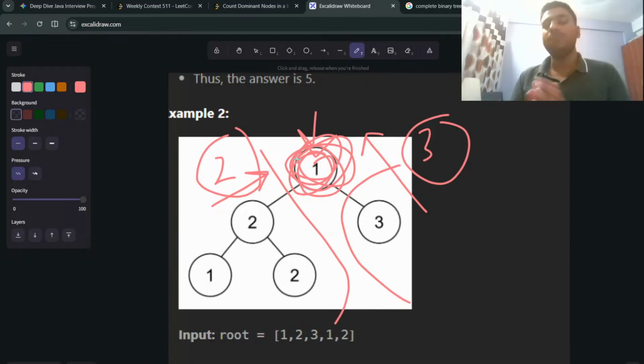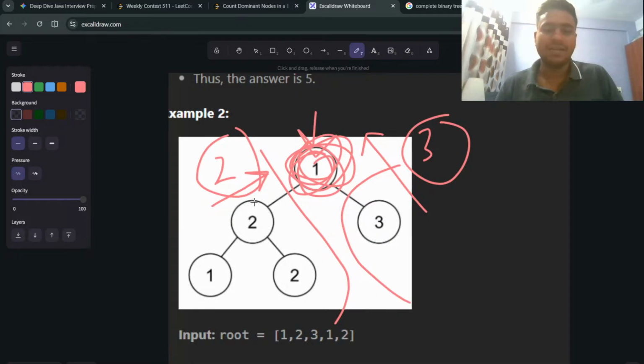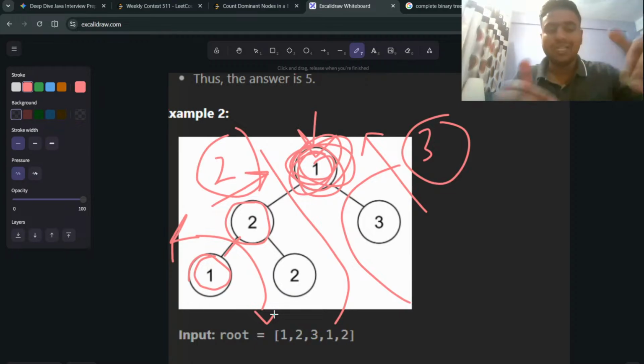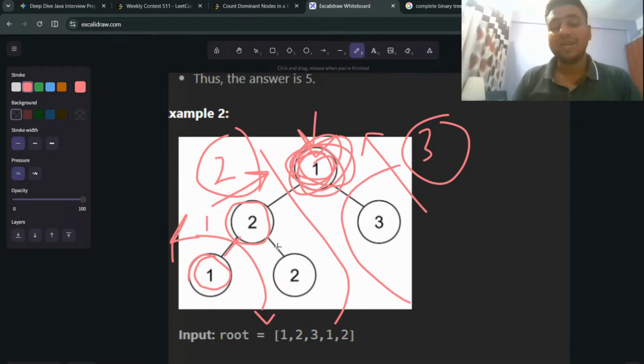then we can consider that this node is dominant. This is the basic question and we have to understand this. On each level, like I am here, I am going to call a function to find the maximum element from the left subtree, and my function will go and find which one is the maximum value in the left subtree, and it is going to return 1. And I also call the same function to find the maximum element from the right subtree.